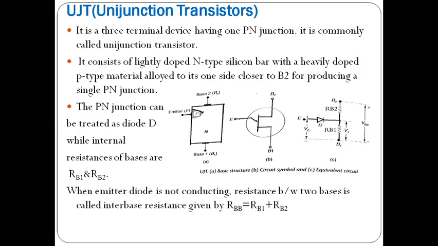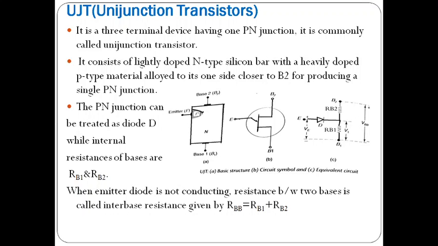The anode voltage of the diode is represented with VE, and the cathode voltage of the diode is represented with VA, the voltage drop across RB1.